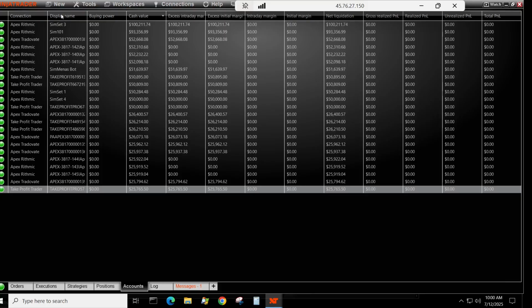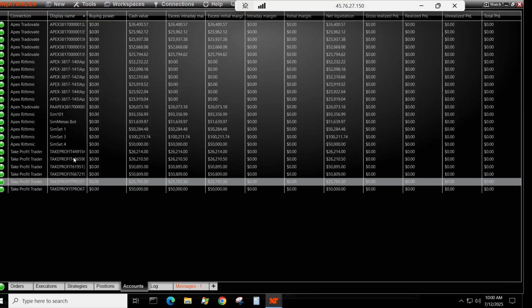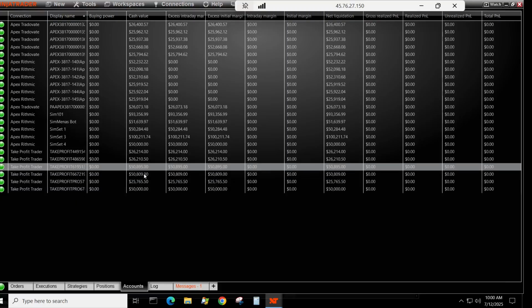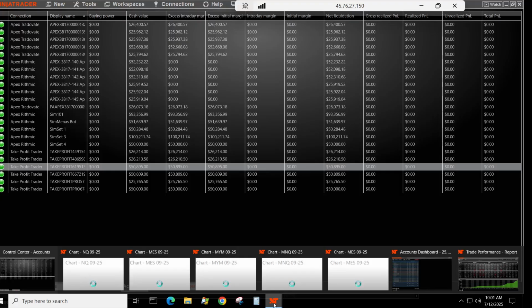But I think there's 6 Take Profit Trader in here, and you're allowed 5. So I don't know what I'm going to do when I pass. These still have a couple thousand to go to pass. I've been linking those up lately. So I'm not sure what to do once I have 6 accounts. I guess it just doesn't get activated until I blow something, or if I never blow anything, it just sits there. So I shouldn't have bought the 6th one, but I did. Let's go to the trades. I don't want this to be too long.